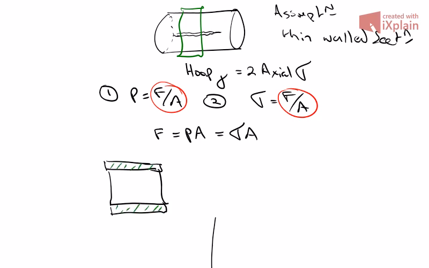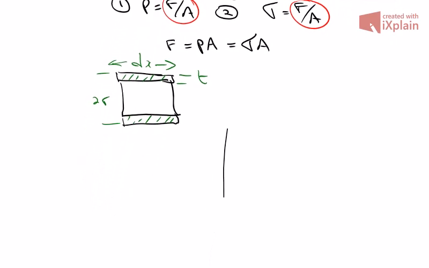So let us call this dx. Let us call that 2 times the radius, and let's call that the t. And if you imagine, we have pressure in here emanating equally all around.